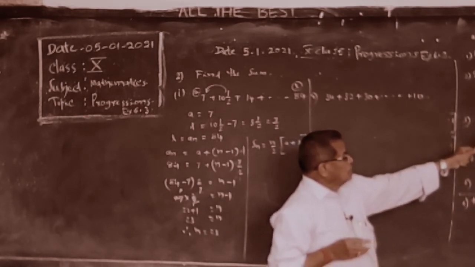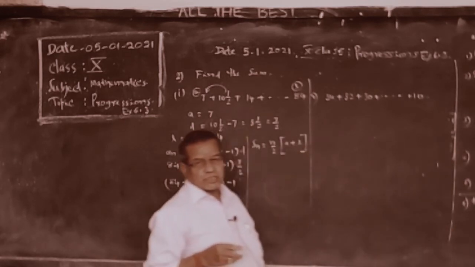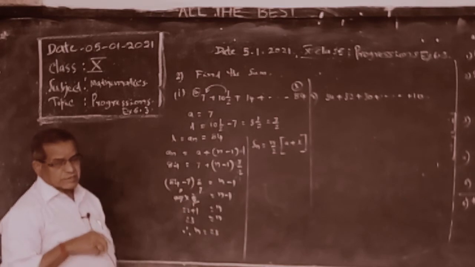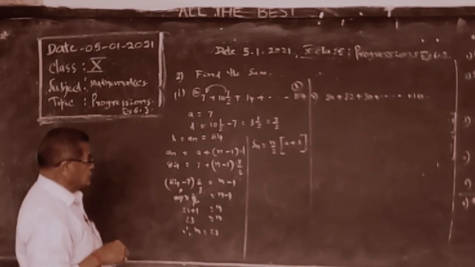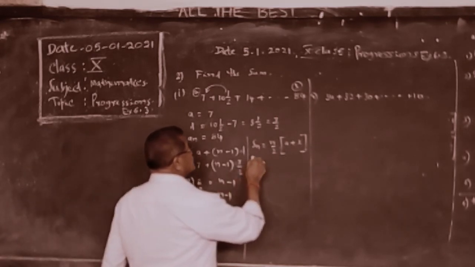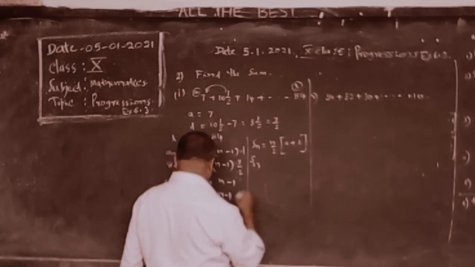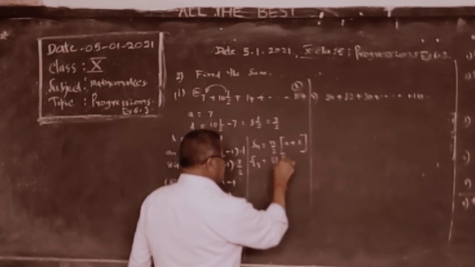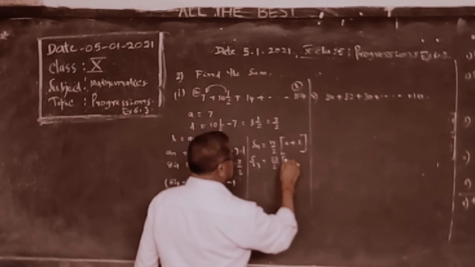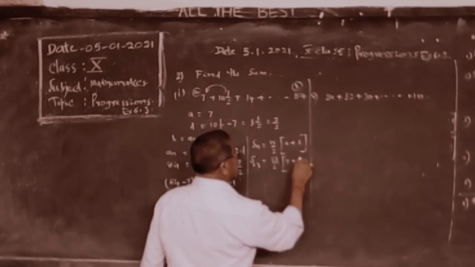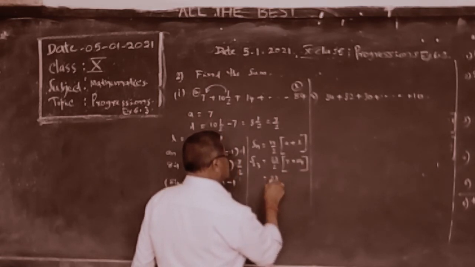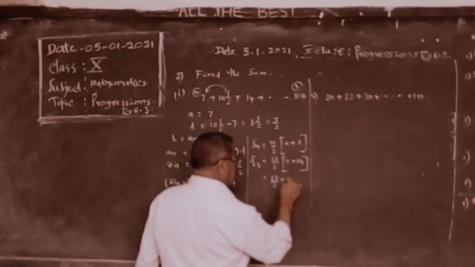Since we know the last term, we can use this second formula. S23, the sum of 23 terms, is equal to 23 by 2 into a value 7, l value 84, and this is 23 by 2 of 91.